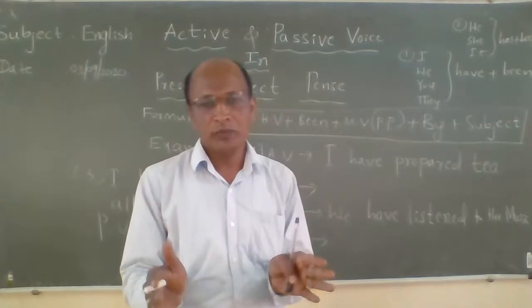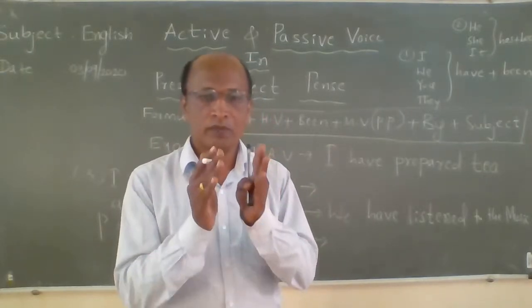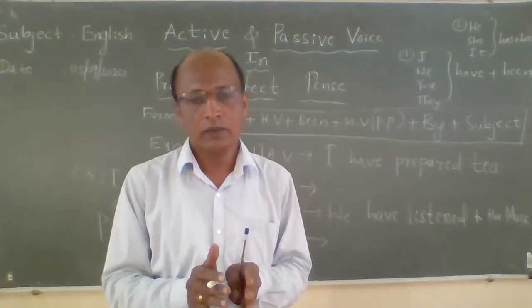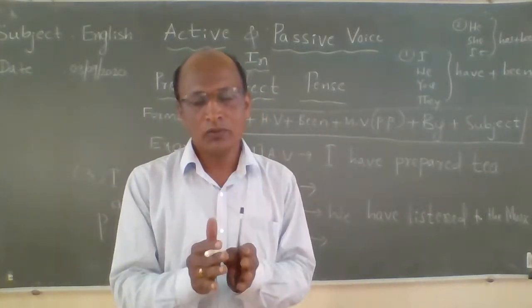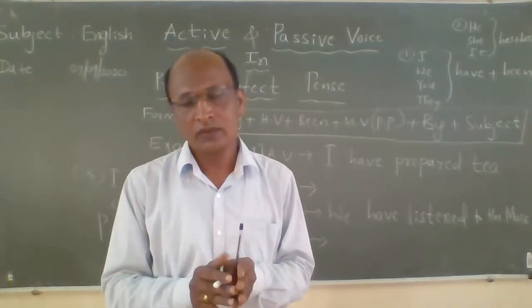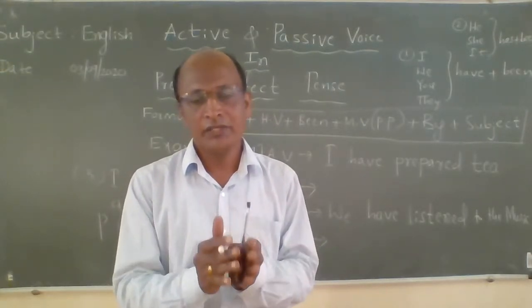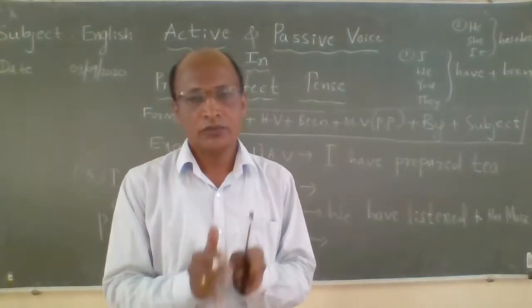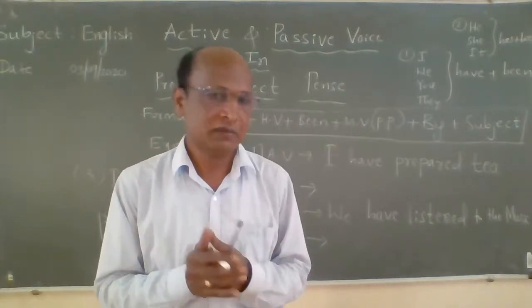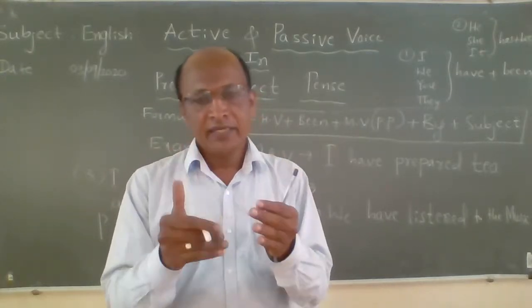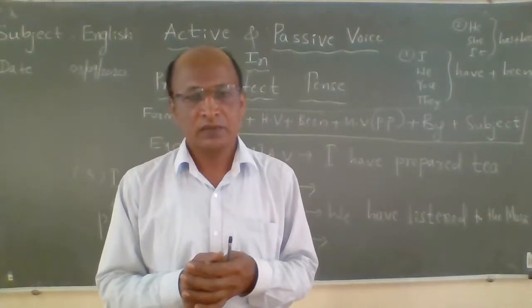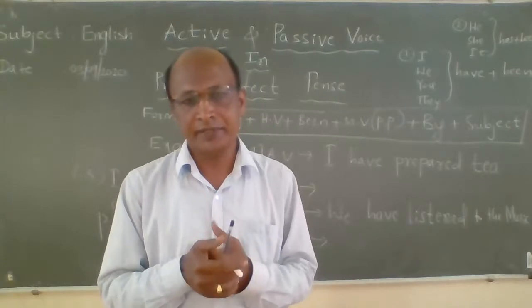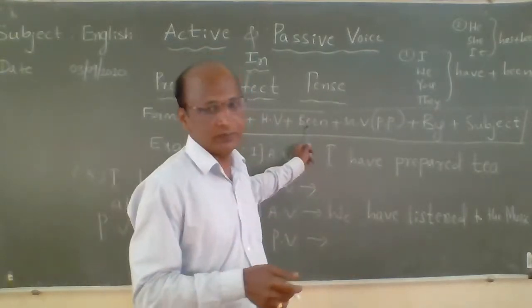Before we change from active to passive voice, we should find out which is the subject, which is the helping verb, which is the object, and which is the main verb. After finding out all these important aspects, we should get ready to change from active to passive voice according to this form.